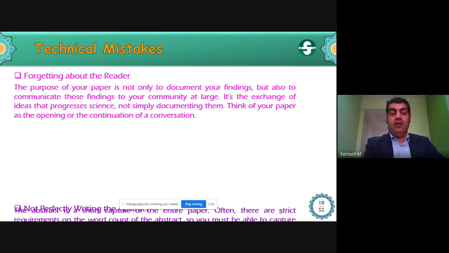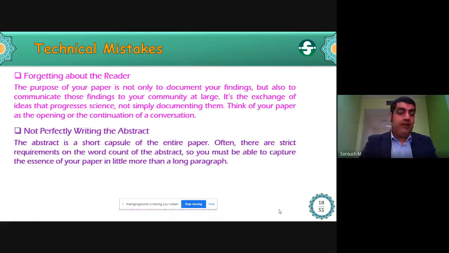Or for example, we forget about the readers when we write the abstract. We know that the abstract is sometimes called a mini article or mini paper. It means that it should reflect the whole manuscript in a very short space provided by the publisher.